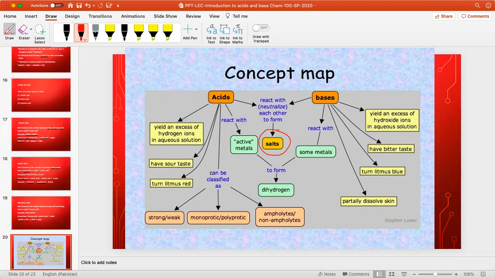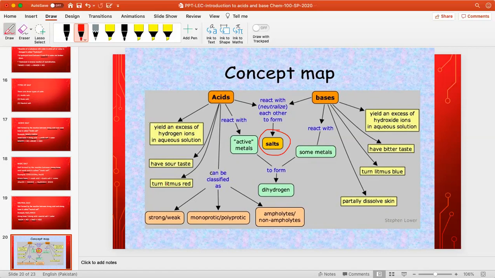Acids, when you react them, they yield an excess of hydrogen ions in aqueous solution. Ionization happens. Then, as you have already understood, acids have a sour taste and turn litmus red.